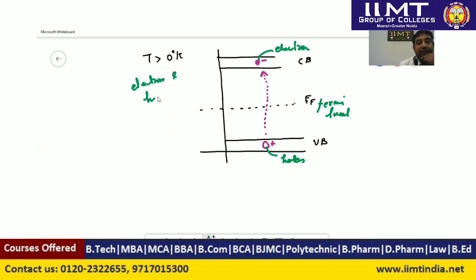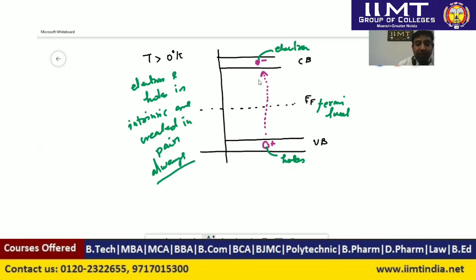So what we find here is that electrons and holes in an intrinsic semiconductor are always created in pairs. If a particular electron is created, its equivalent hole is also created.